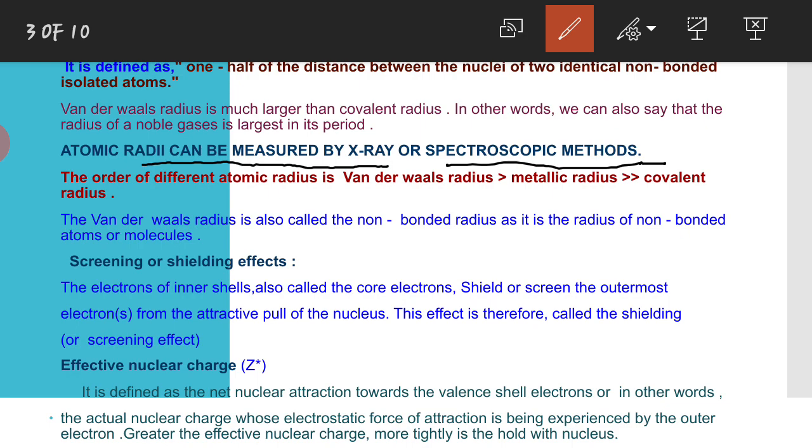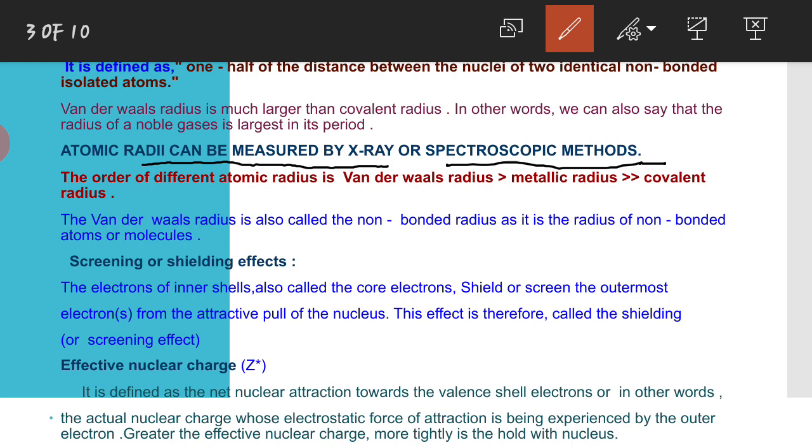The order of different atomic radii is: van der Waals radius is greater than metallic radius is greater than covalent radius. The van der Waals radius is also called the non-bonded radius as it is the radius of non-bonded atoms or molecules.